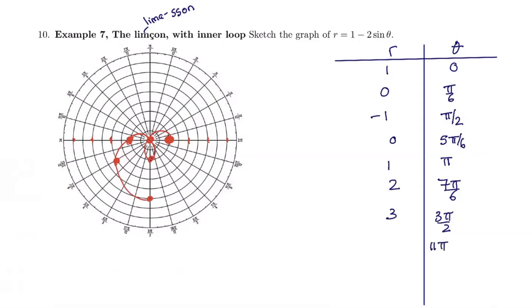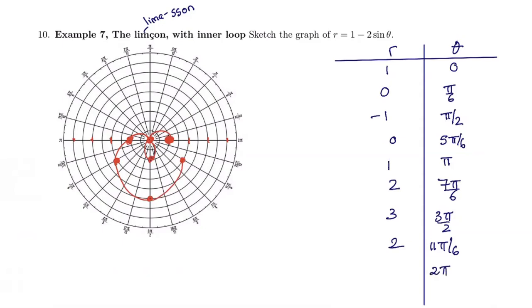I can do 11 pi over 6. I'll let you do the calculations. It'll give you 2. So you can go out 2 and around 11 pi over 6, which would put you there. And you can see where this is heading. We're heading back to whence we started.